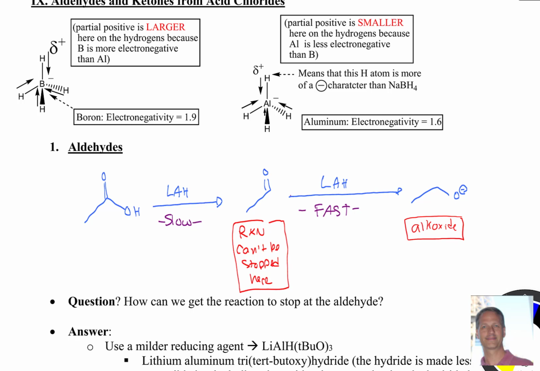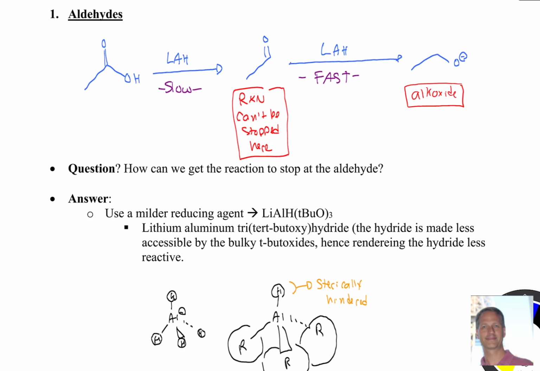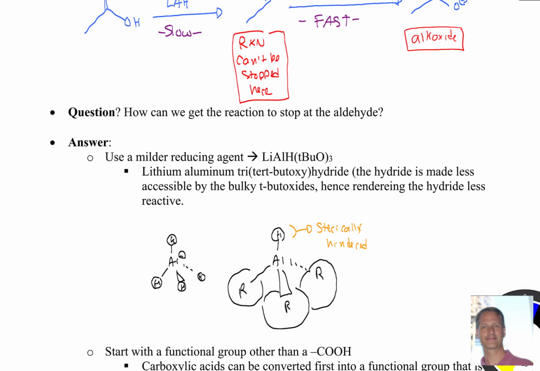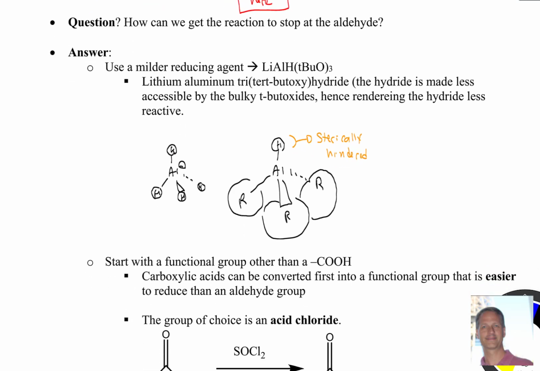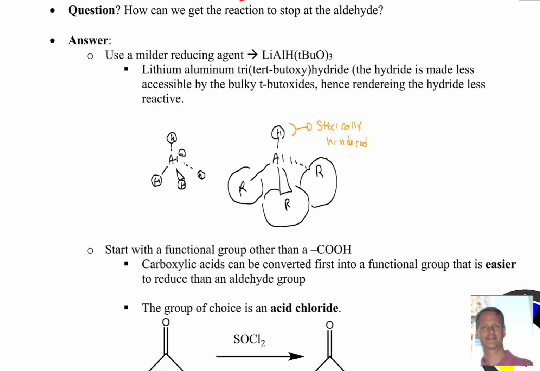Well, if we wanted to stop here, for example, at the aldehyde, what we need to do is use a source of hydride that's less reactive. So what we're going to do, and this is what our book does, is we use a milder reducing agent. We use lithium aluminum tri-t-butoxyhydride.